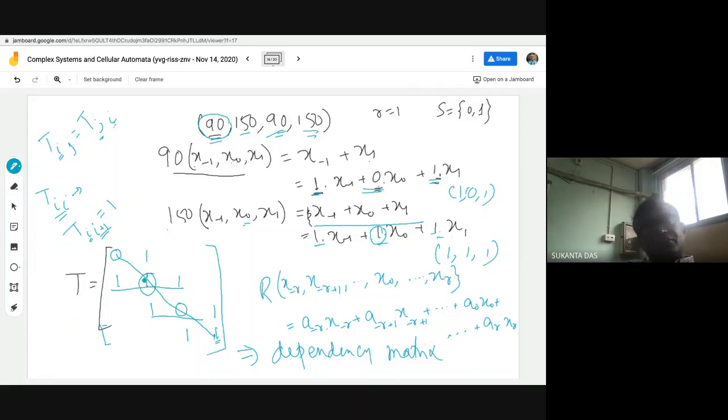So therefore, in this matrix, oh, sorry, this is not always true. Sorry. This is true for uniform CA only. In general, it's not true. So anyway, in this way we can get this T.